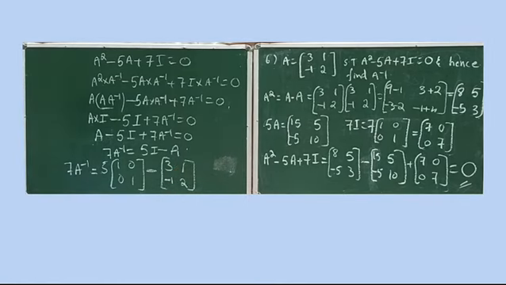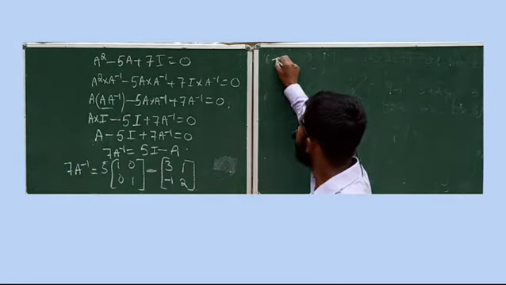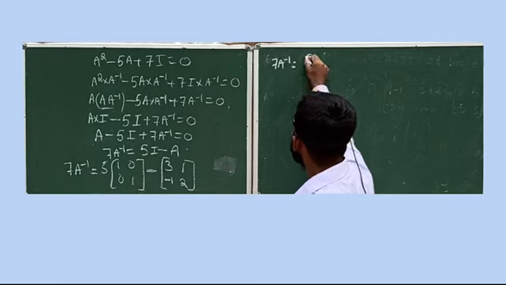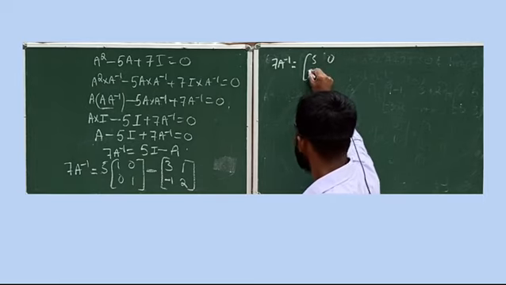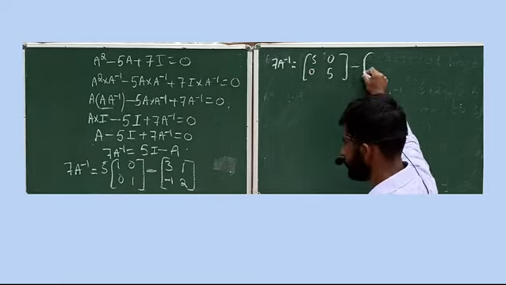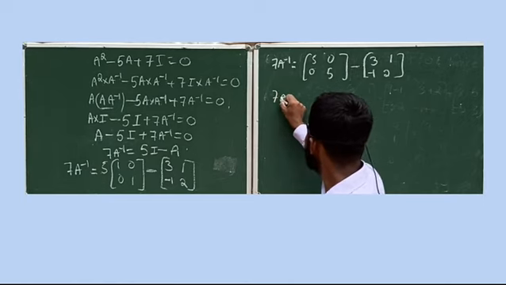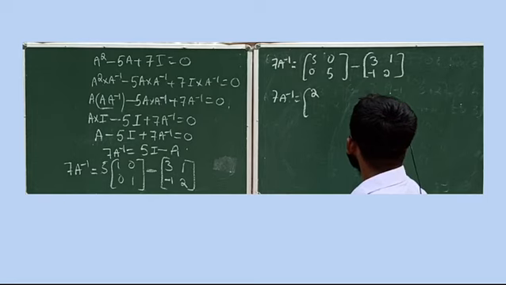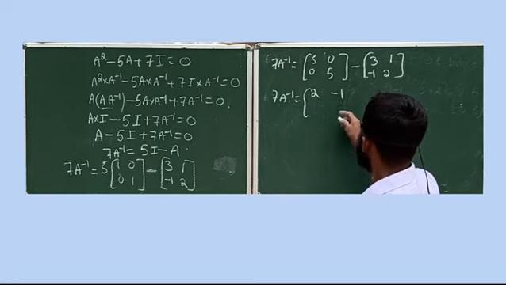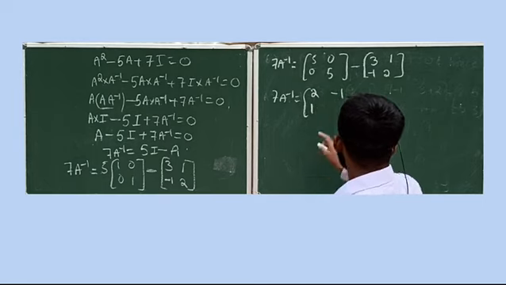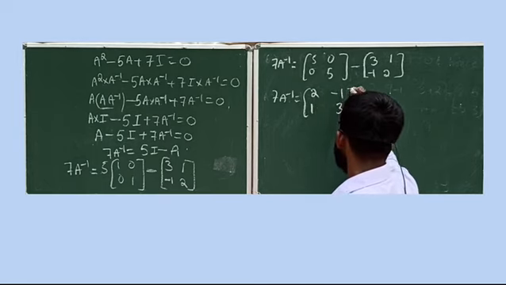Now simplify this one. 7A inverse is equal to [5 0; 0 5] minus [3 1; -1 2]. Okay. 7A inverse is equal to 5 minus 3 is 2, 0 minus 1 is minus 1, 0 minus into minus 1 is plus 1, 5 minus 2 is equal to 3.